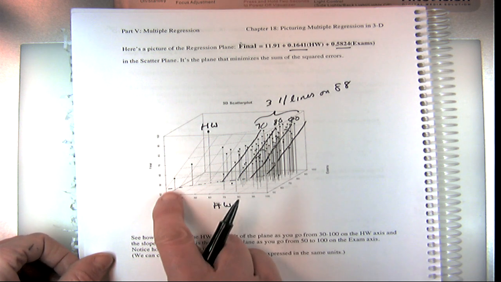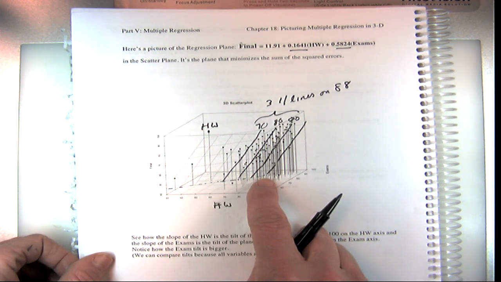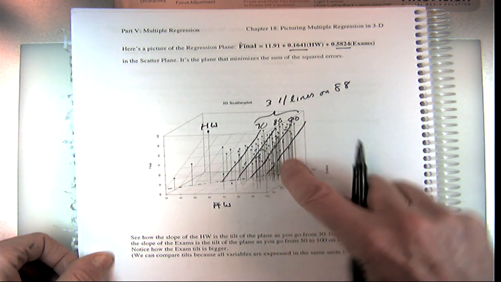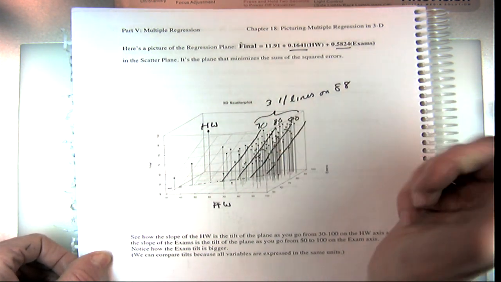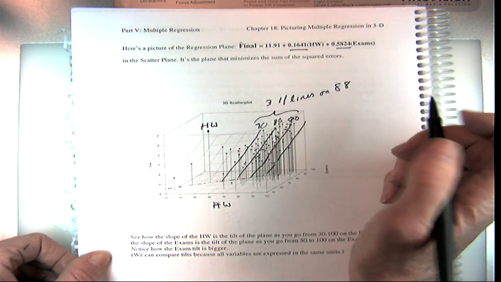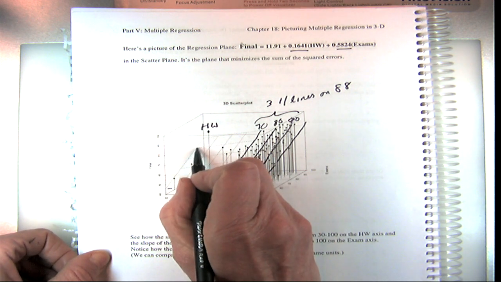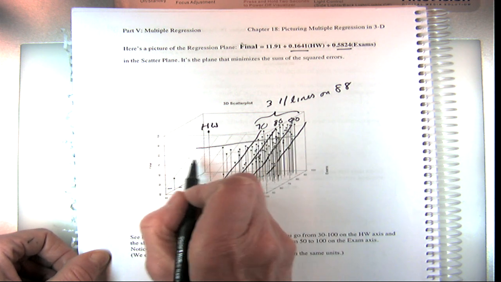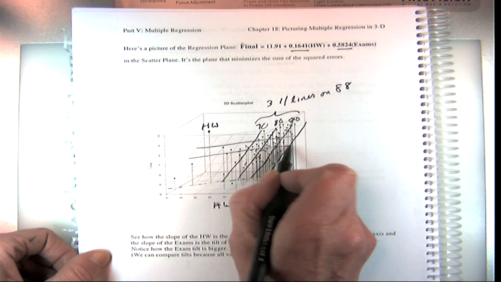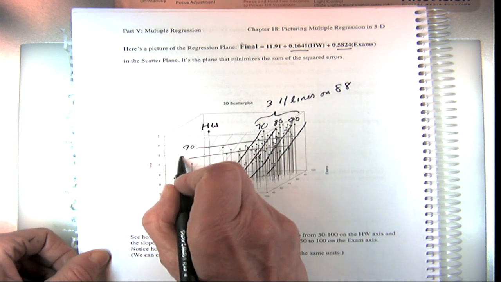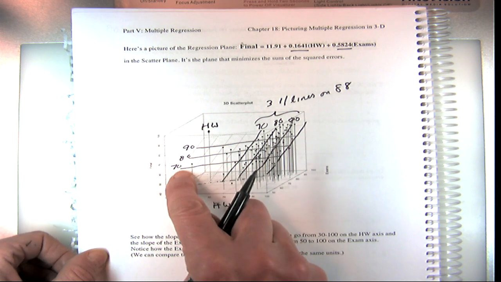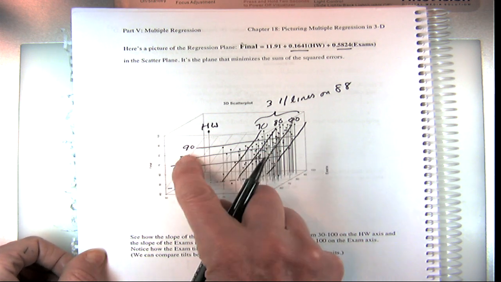Now this right here is the small effect, and this had the big effect here. Now let's look at our different exam scores. This is an exam score of 90 way up here, this is 80, and this is 70. You see how these lines have the more gradual slope.